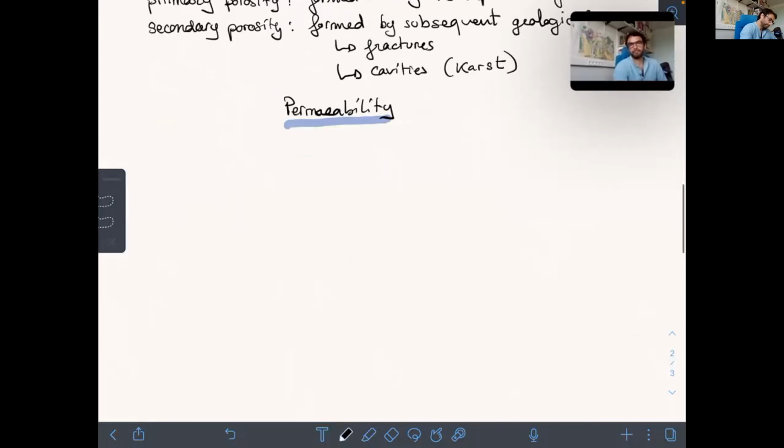Permeability, so the definition is the ability of a rock formation to conduct fluids.